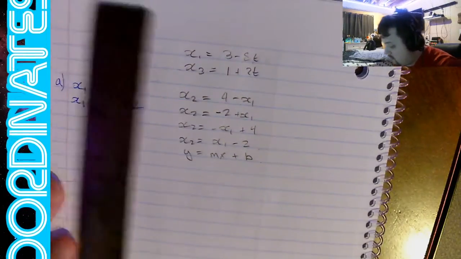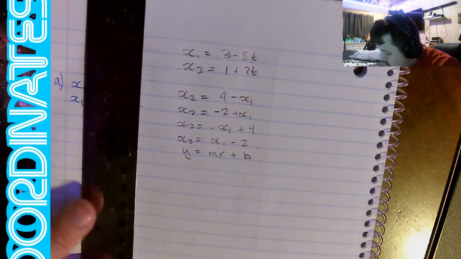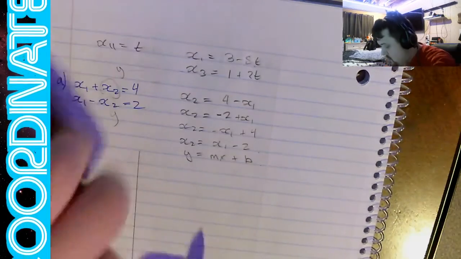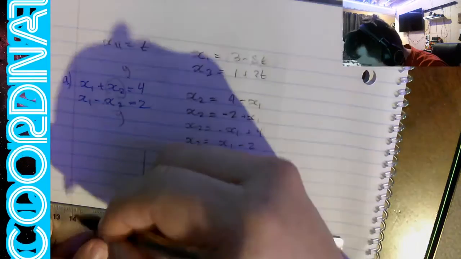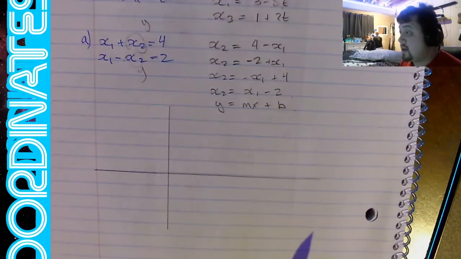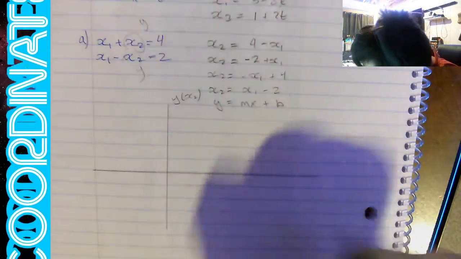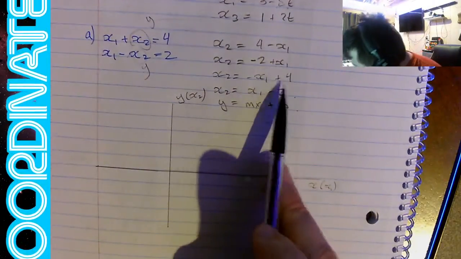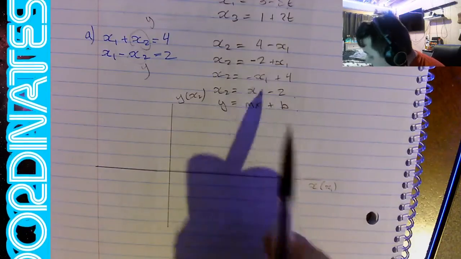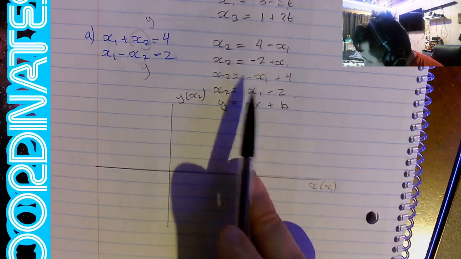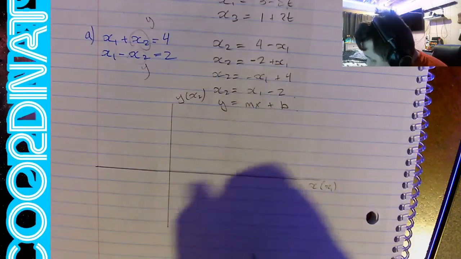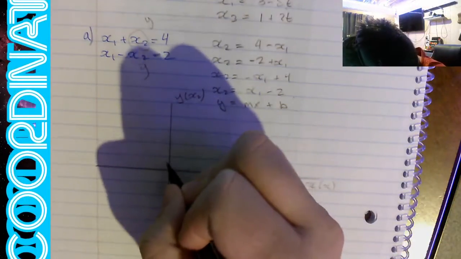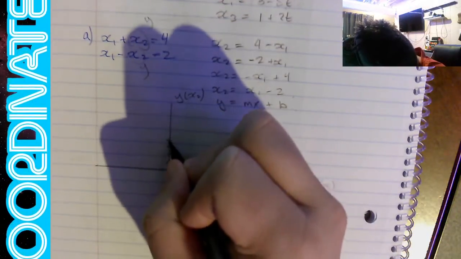Once you bring it there, it's actually quite easy. We're going to take our graph and go like this real quick. Okay, this makes it very easy. So if this is our y, or x2, and this is our x, or x1, what we have is a positive 4 point when x1 is 0 for one of the lines. So you go 1, 2, 3, 4.